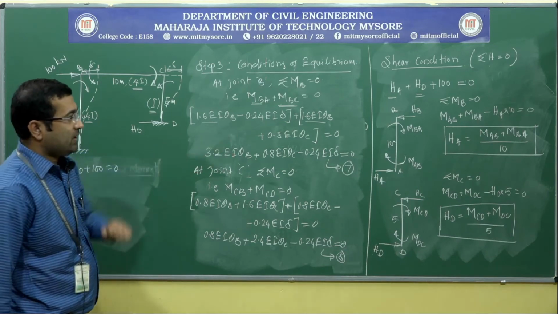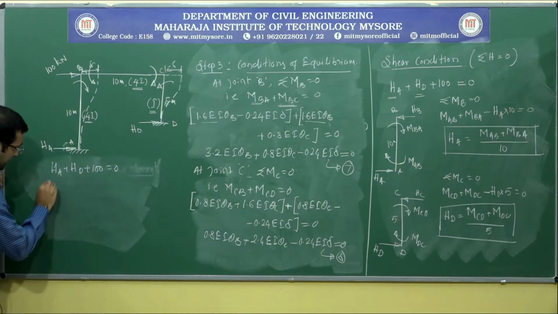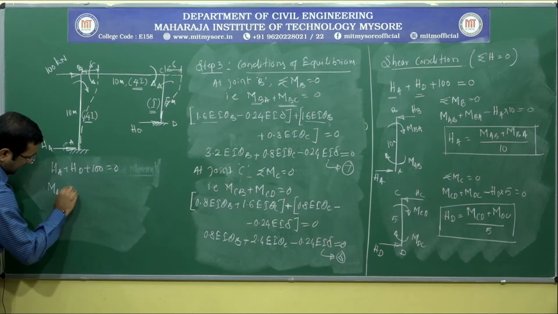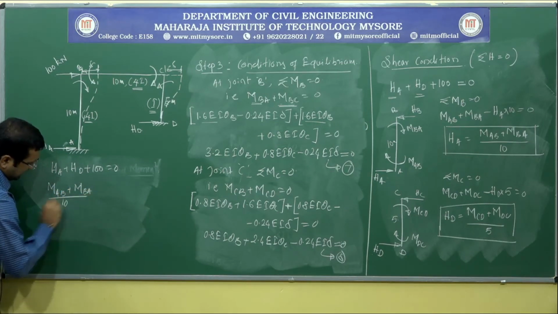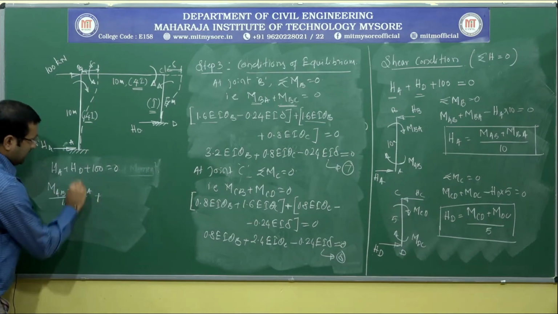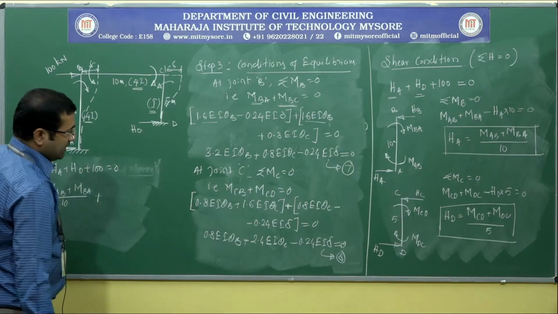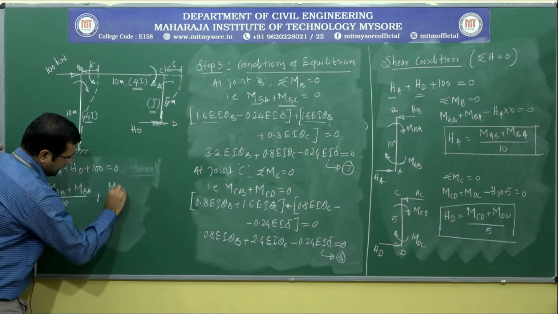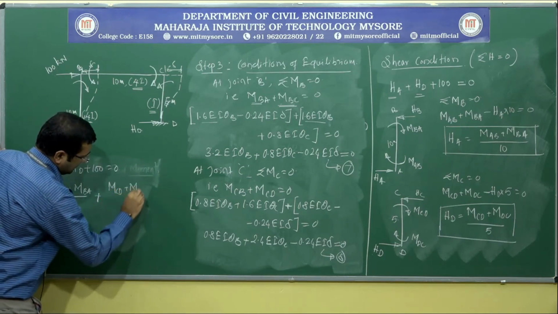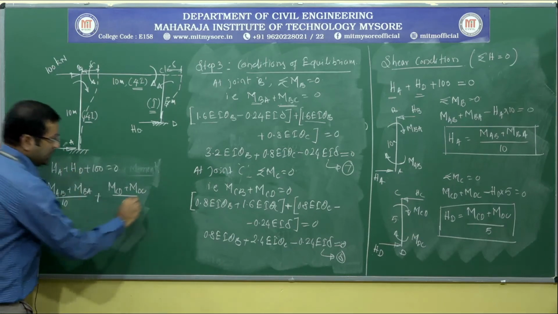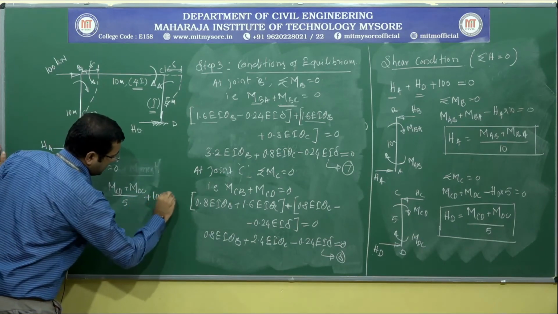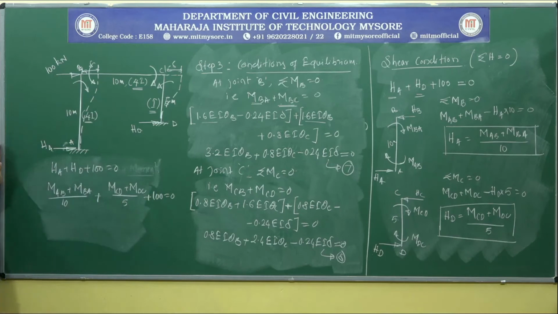The value of HA is MAB plus MBA by 10, plus the value of HD, which is MCD plus MDC by 5, plus 100 equals to 0.